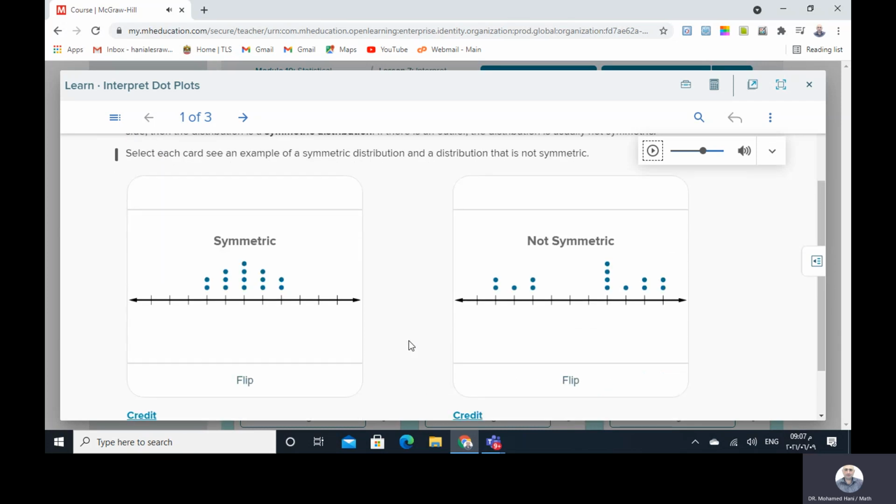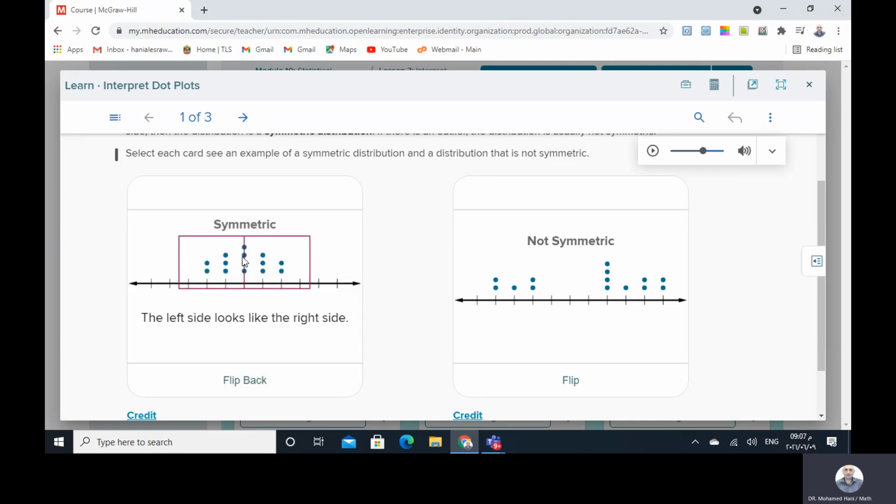We have two types of distributions. The place of the points in each number line means the distribution. As you see here, we have two figures. Here, symmetric. When you have here the center, the right side equals the left side, it means we have symmetric. As you see here, this is the center. Here the right side, here the left side.